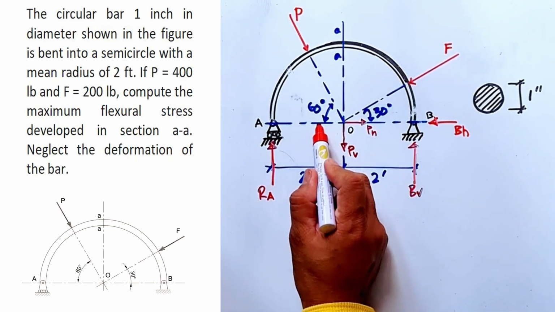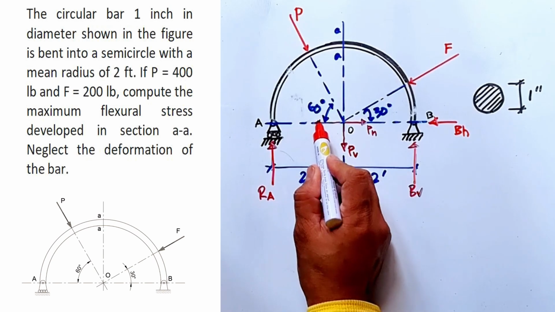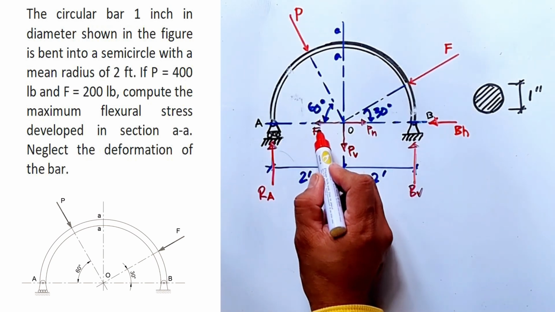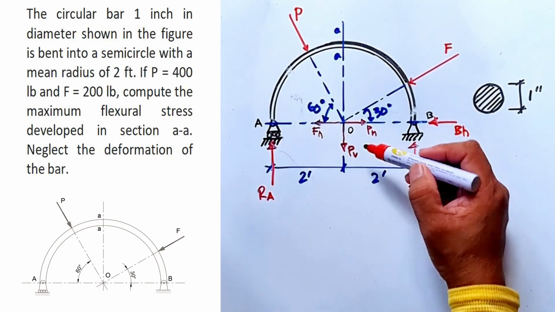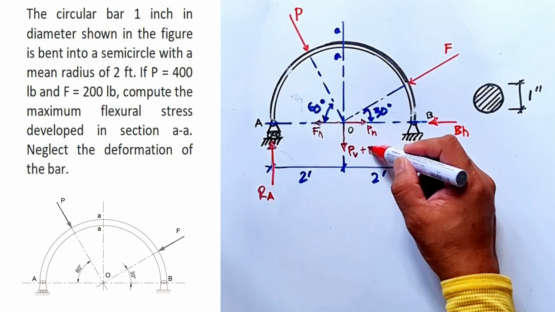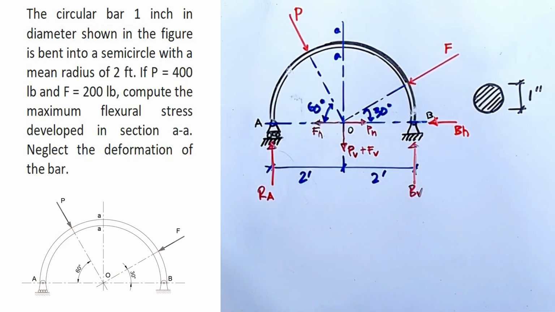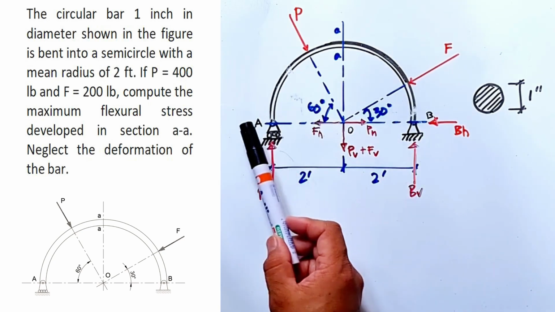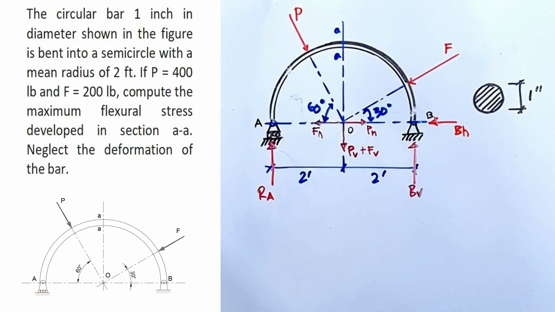For F, we will have the horizontal component FH and the vertical component FV. We resolve the components at point O because it is at the same level as points A and B. So if we sum up moment at B, the horizontal components will have a zero moment arm and will not be included in the equation of equilibrium.